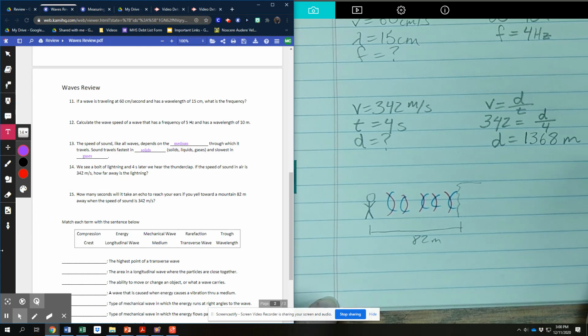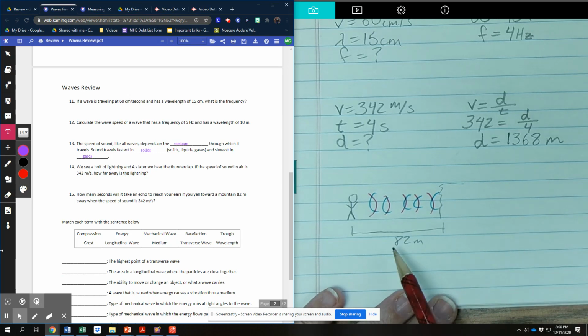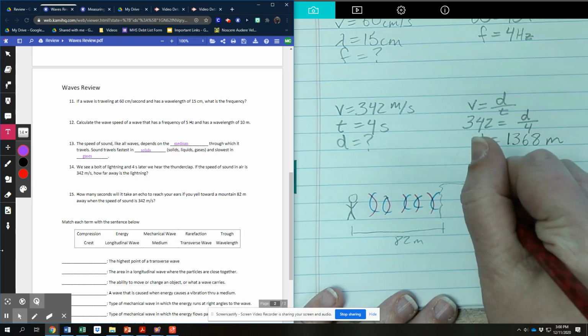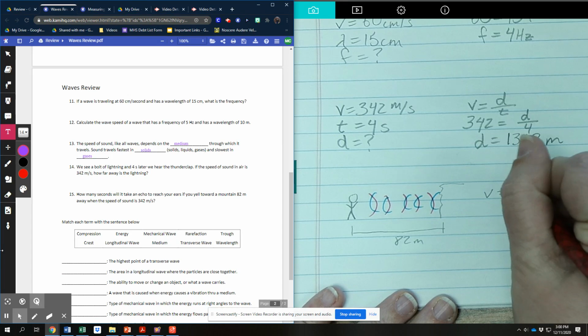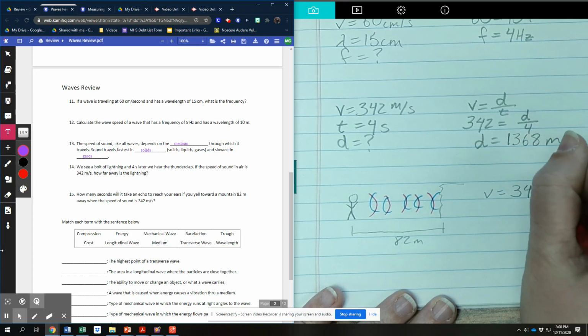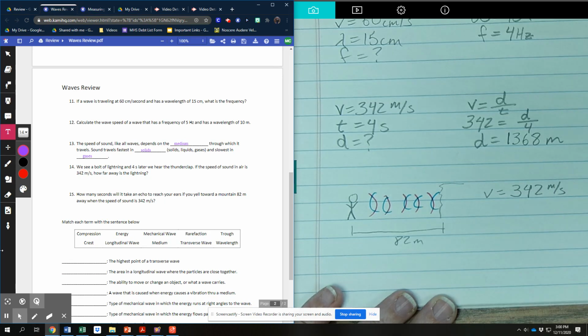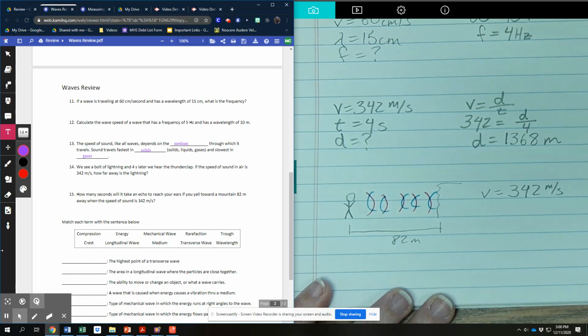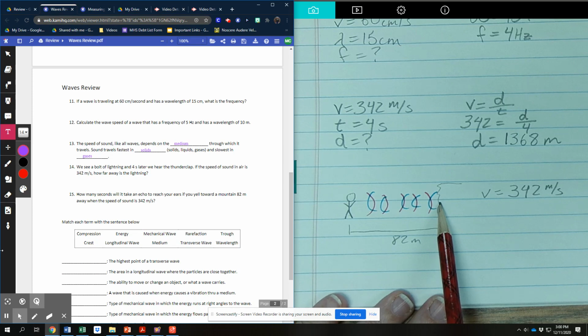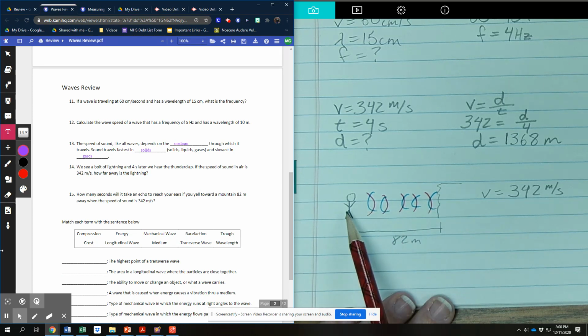Okay? So we know that our speed is 342 meters per second. The distance traveled to get to the mountain is 82 meters, but then it has to travel back to you.